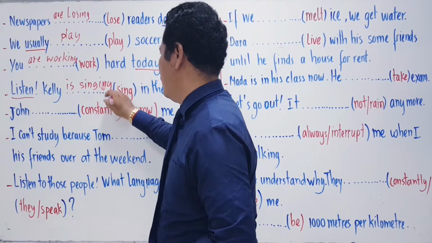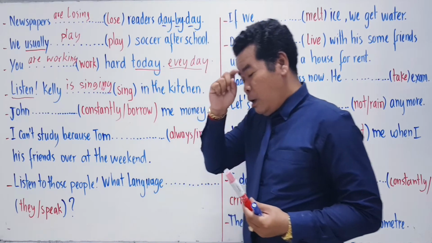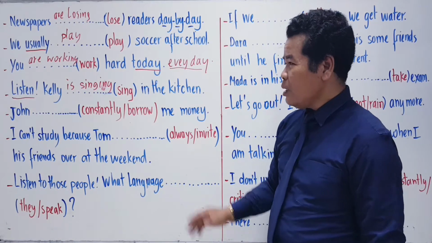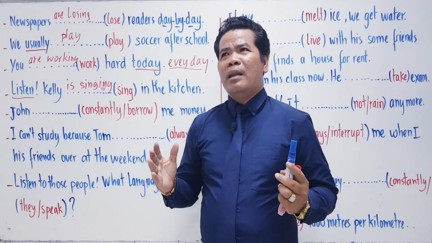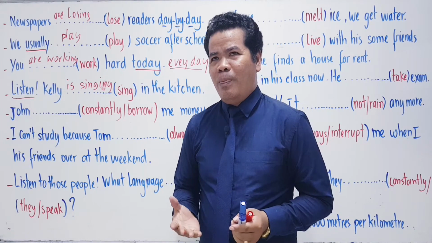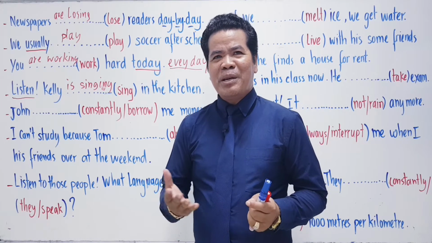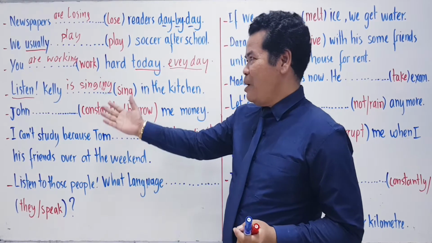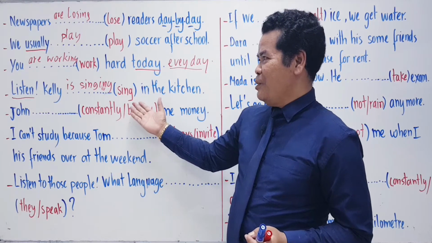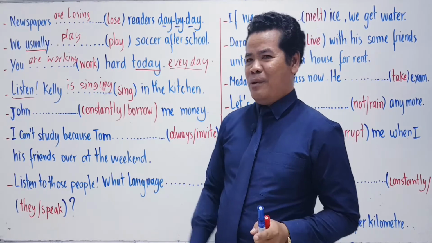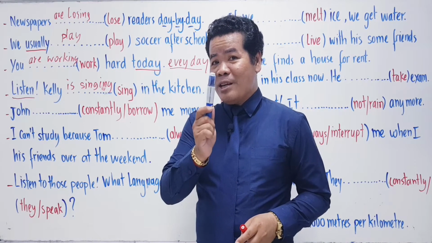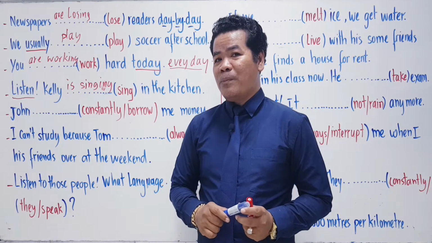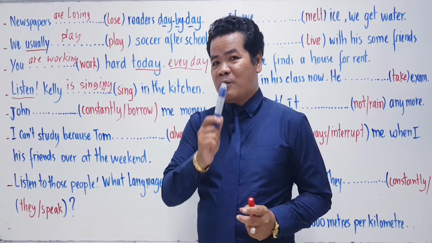Okay, look at this one. Sometimes you seem a little bit proud of yourself. That is very easy for you because you make the right decision. You think that this is 100%. We use the present progressive. But one thing is that you make a big mistake. What? The spelling.